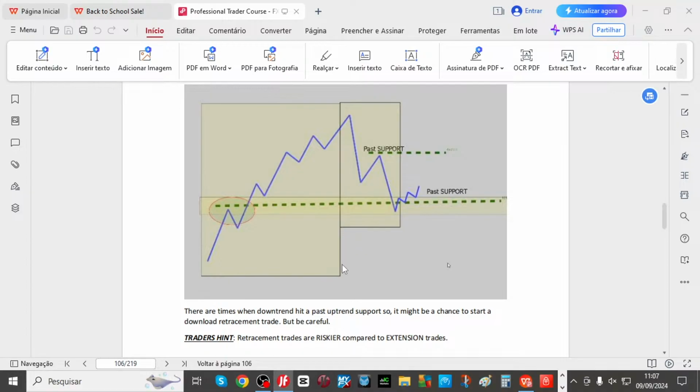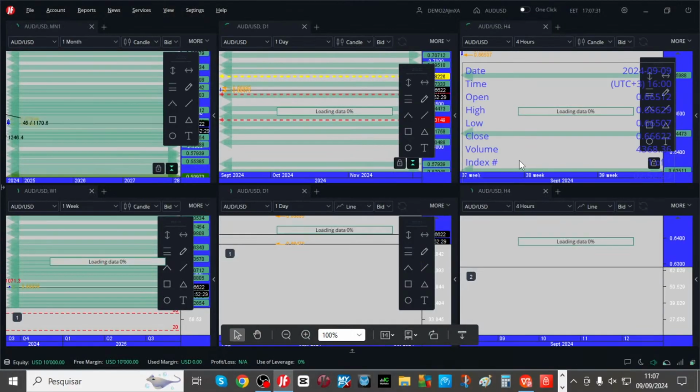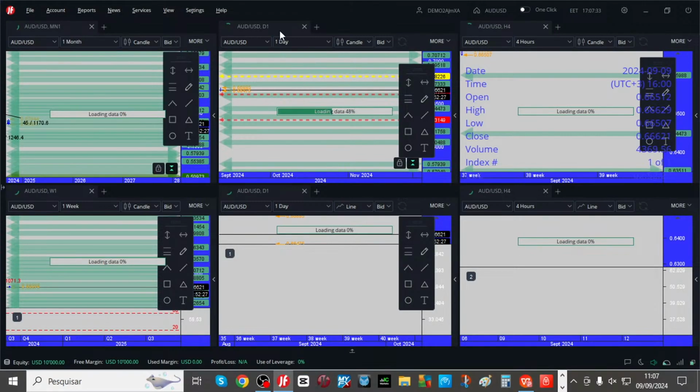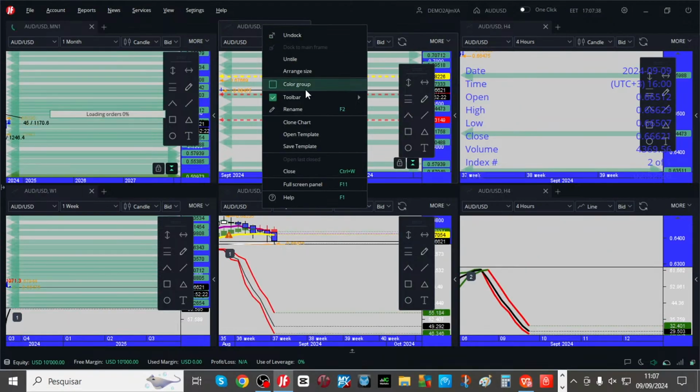Draw support, resistance, pivot points from the monthly. The big ones, exactly. And then if you need extra, but you know, the big ones are the most relevant, alright?